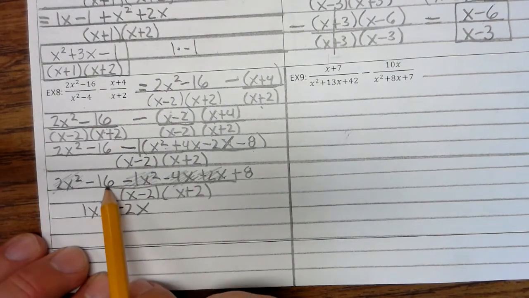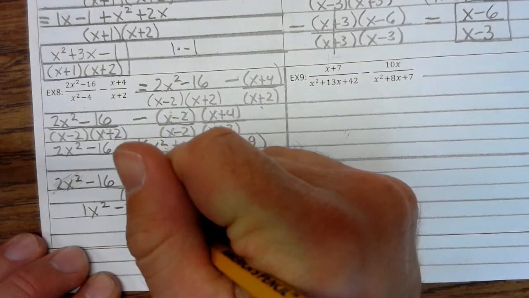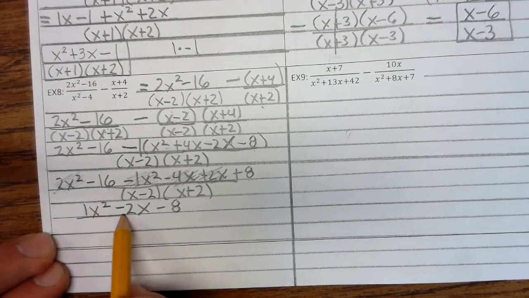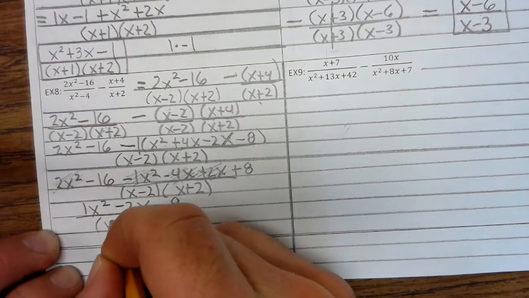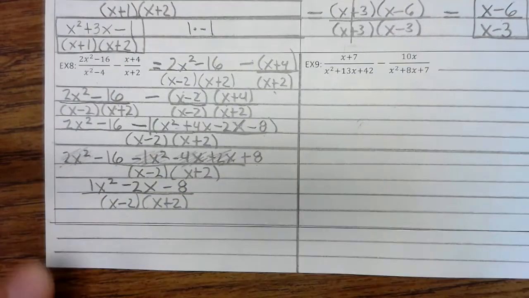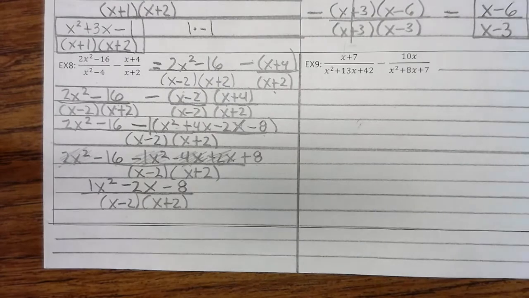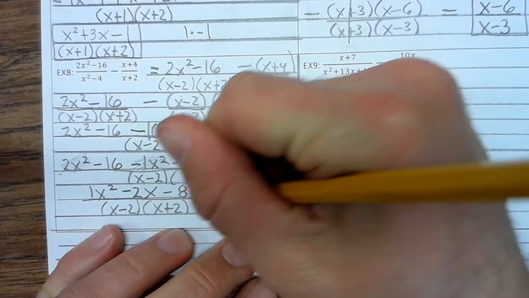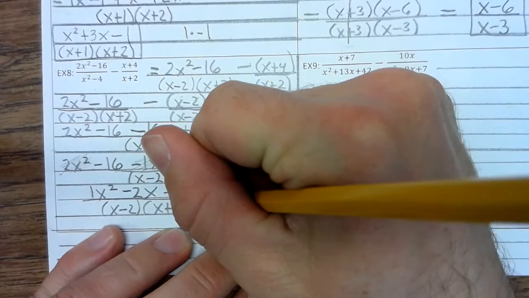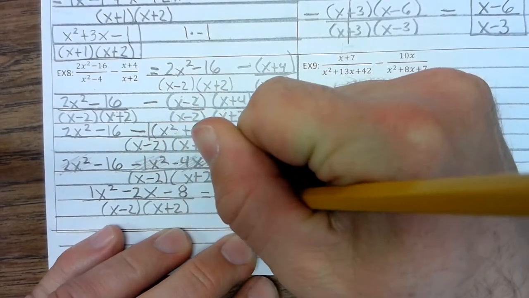So now we have negative 16 and 8, which is negative 8. And that's divided by (x - 2)(x + 2). At this point, we want to see if the numerator is factorable. So we would have parentheses, parentheses, divided by (x - 2)(x + 2).